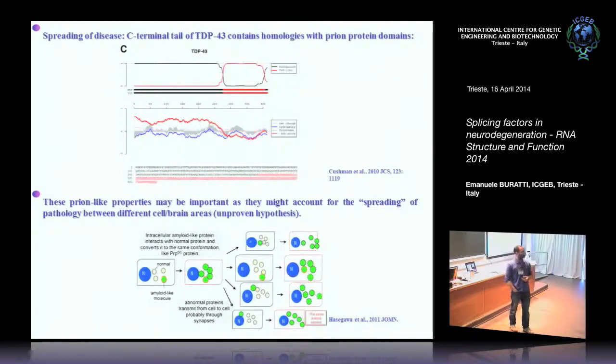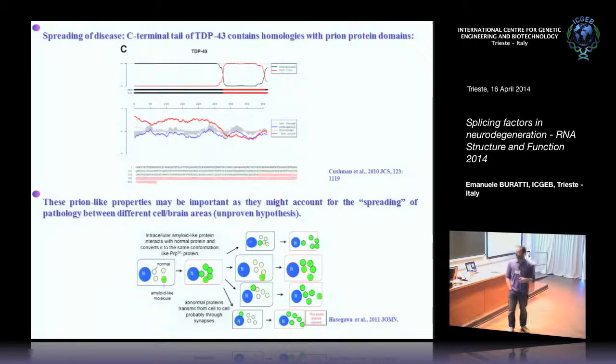Because this is one of the possibilities: that the disease in patients can travel through these aggregates from one neuron to the next, starting from a single point and then spreading to neighboring neurons. Now we can do this using our aggregation system, because we can start to test the hypothesis that these prion-like sequences, like the one we use to induce the aggregation, could account for the spreading of the pathology between different cells and brain areas.